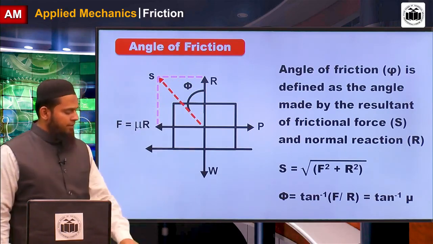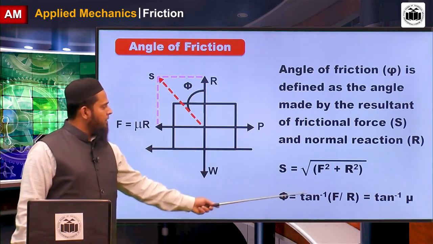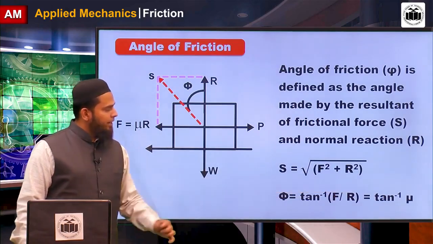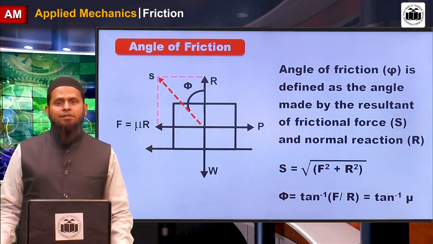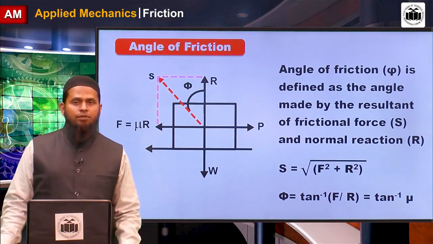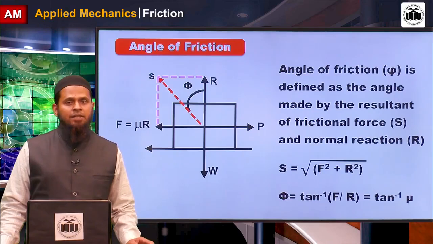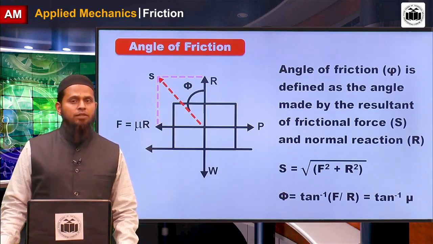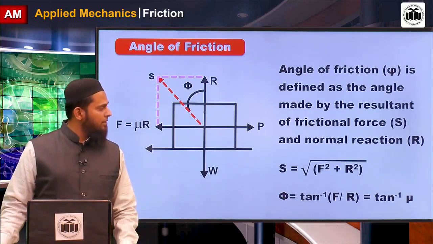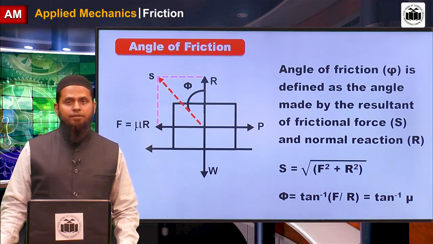But we know that F by R is mu. Hence, there is a relationship between coefficient of friction and angle of friction. In other words, if angle of friction is known to us, coefficient of friction can be calculated.